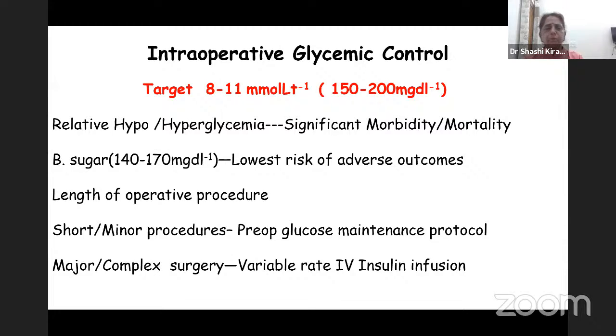Of course, it depends on the length of the operative procedure. If the surgery is short or minor, then maintain the preoperative glucose intraoperatively also. And if it is major or complex surgery, then variable rate IV insulin infusions should be used.